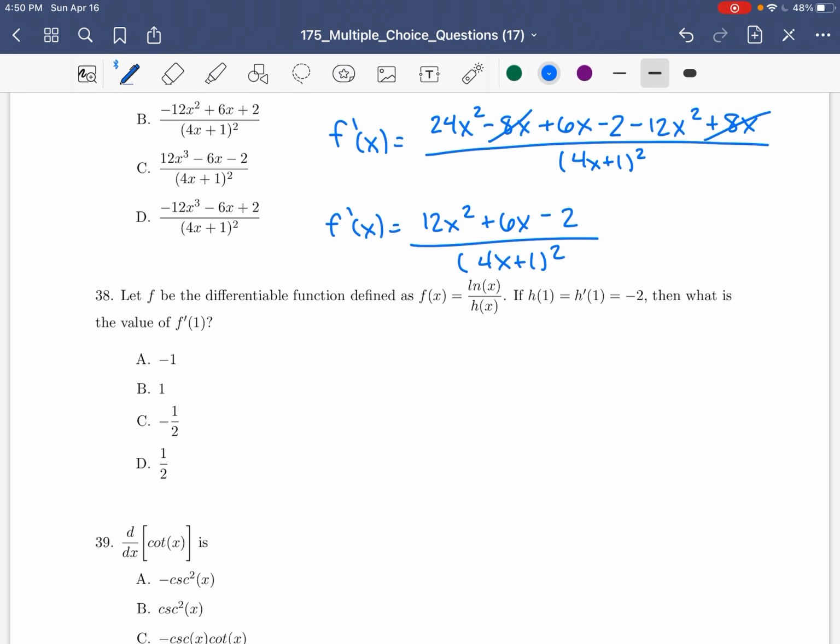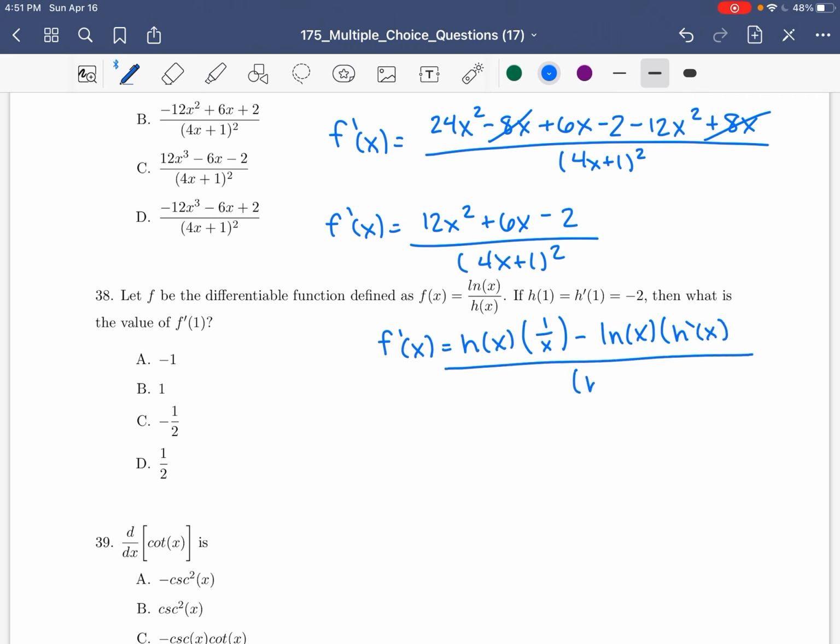Okay, here we have a differentiable function. It's just natural log over h of x. But since we have something divided, we're still going to need quotient rule here. So f prime of x equals low. Derivative of natural log is 1 over x minus natural log x times h prime of x, all over h of x squared.